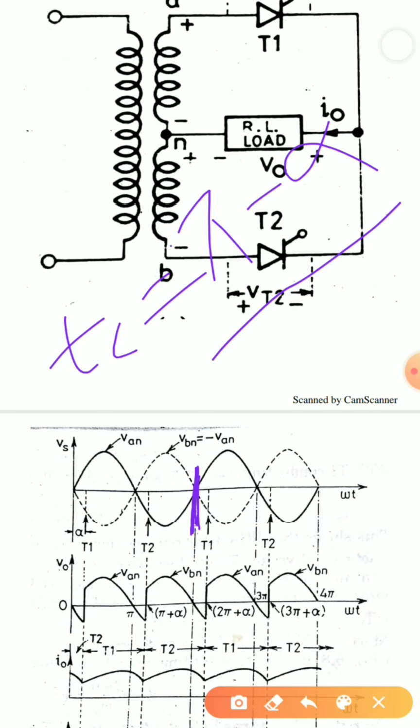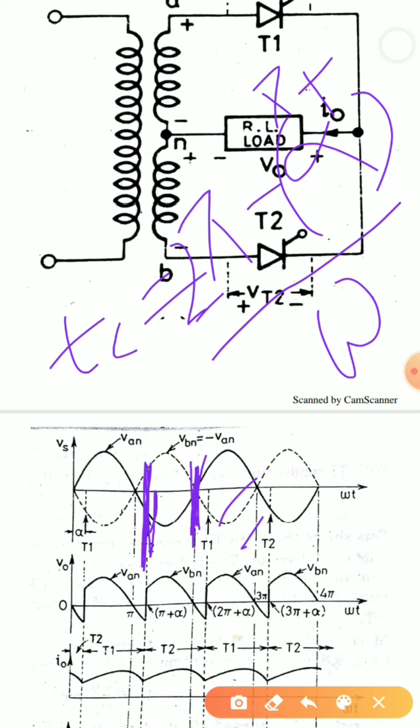If I am considering T1, at 2 pi it is again forward biased, and I can clearly make out that at this duration it is turning off. So I can write this as 2 pi minus pi plus alpha, divided by omega, which gives pi minus alpha by omega. The circuit turn off time is nothing but pi minus alpha by omega seconds.